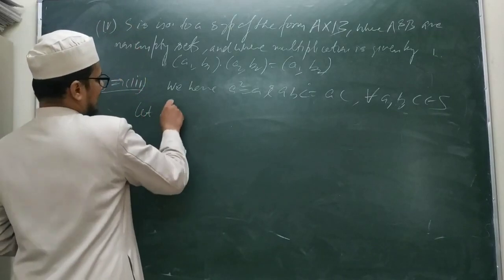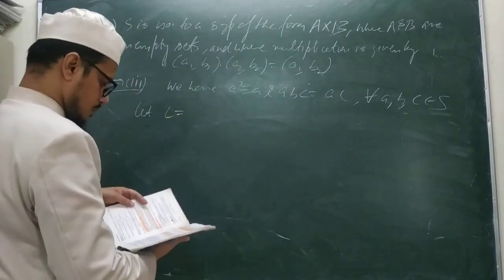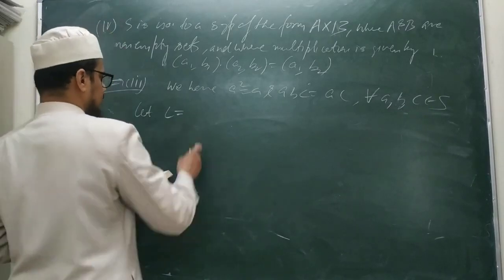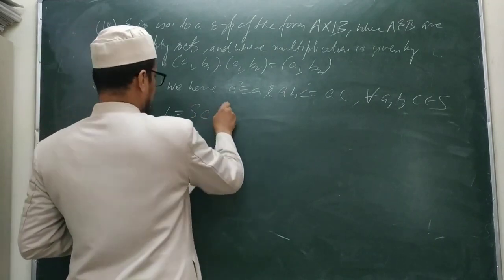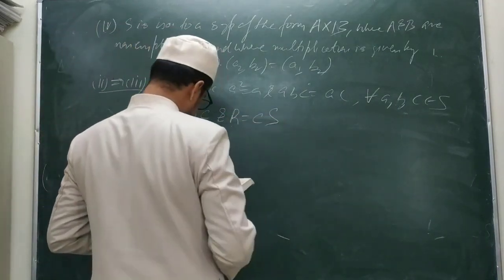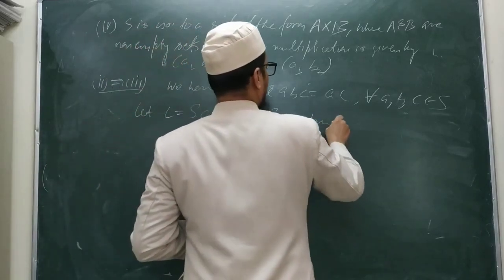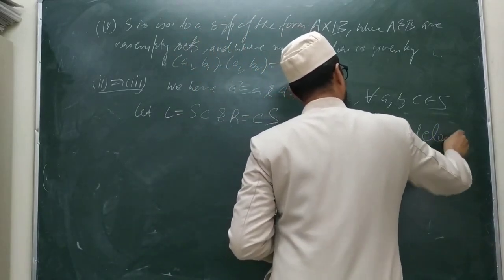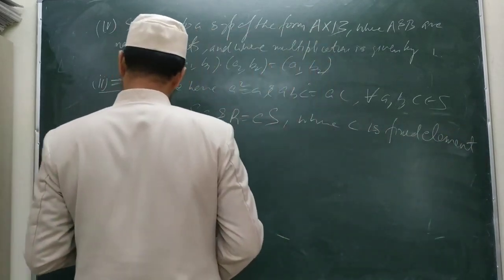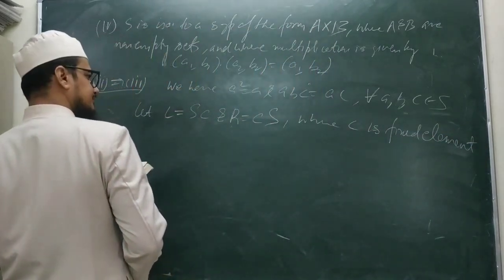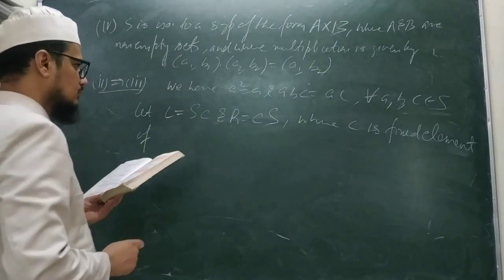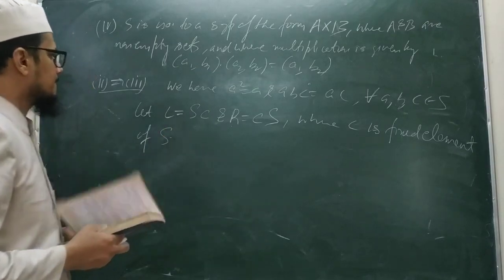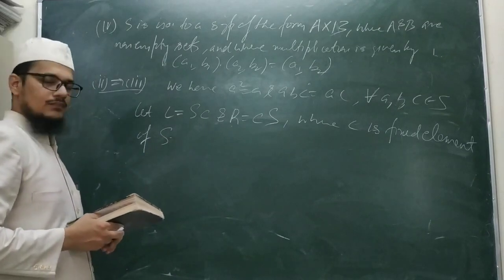So assume that L is equal to SC and R is equal to CS, where C is a fixed element of S. Correct?